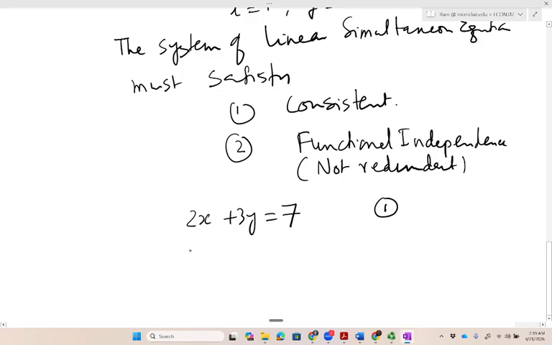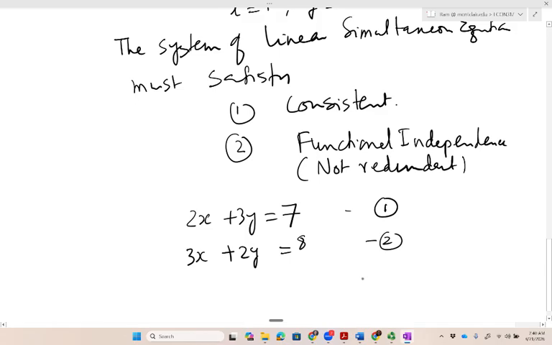And then the second equation is 3x plus 2y equal to 8.